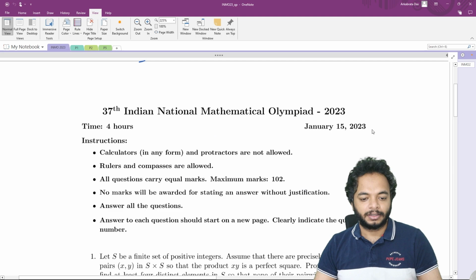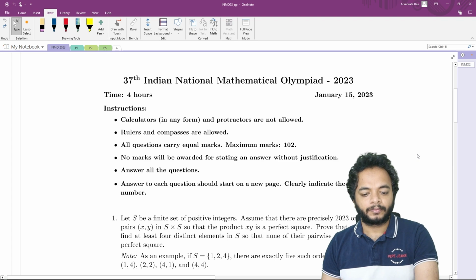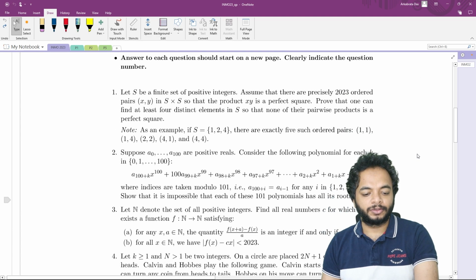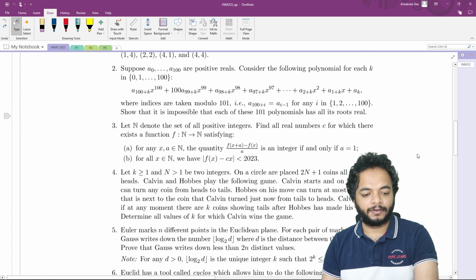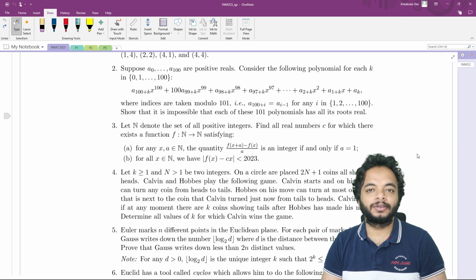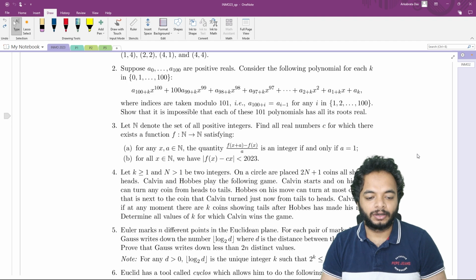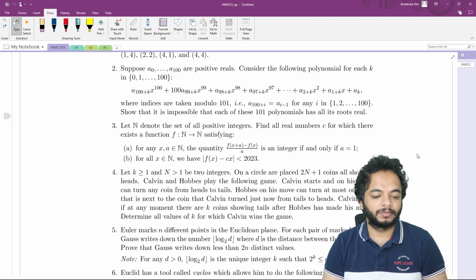Okay, so now let's go to the second one. Problem 2 says that you have a polynomial, but you not only have one polynomial, basically you have several polynomials here, 101 polynomials.